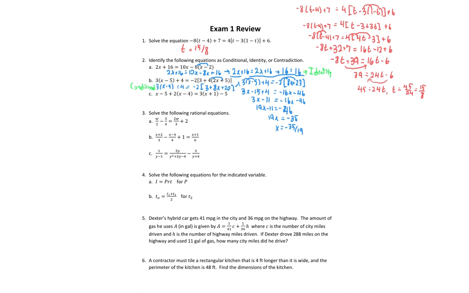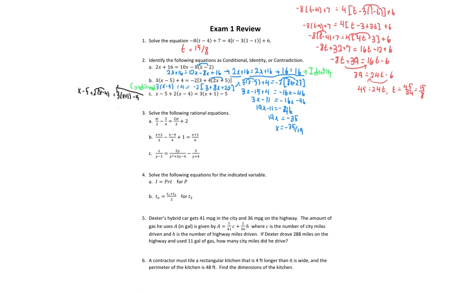Okay. Now for this last one, I'm going to go ahead and switch colors because there's a lot of work over here. I'm going to go to black, and I'll work this one over here. So we have x minus 5 plus 2 times x minus 4 equals 3 times x plus 1 minus 5.